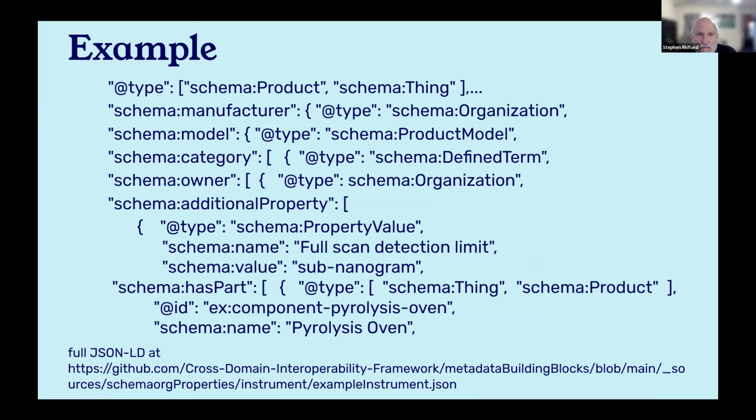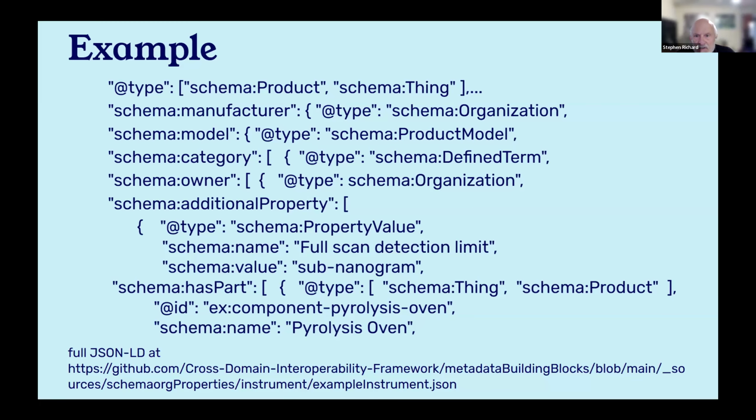So we're typing using the type schema product and schema thing, and we use product here because a variety of these properties we're dealing with are specific, and schema.org expects them for schema product. And to be able to run it through the schema.org validator, we are using multiple types here to keep the validator happy, just so it doesn't throw a lot of errors for things that really aren't errors for what we need to do.